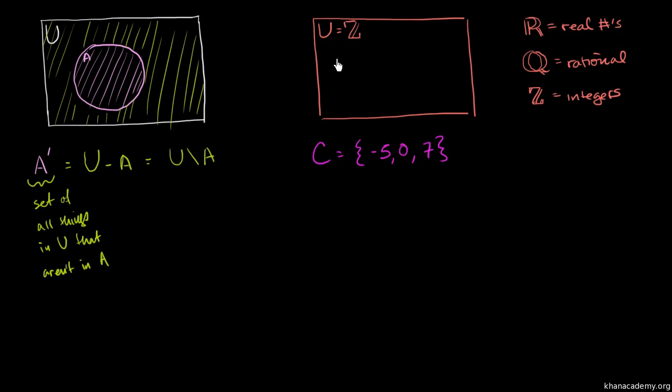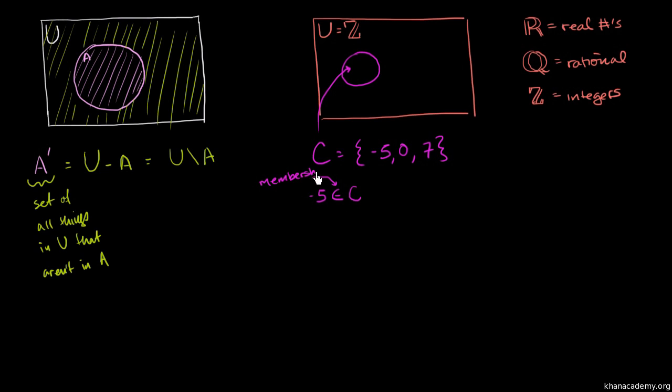And I'm obviously not drawing it to scale. The set of all integers is infinite, while the set C is a finite set, but I'll just draw it, that's our set C right over there. Let's think about what is a member of C and what is not a member of C. We know that -5 is a member of our set C. This little symbol right here denotes membership.